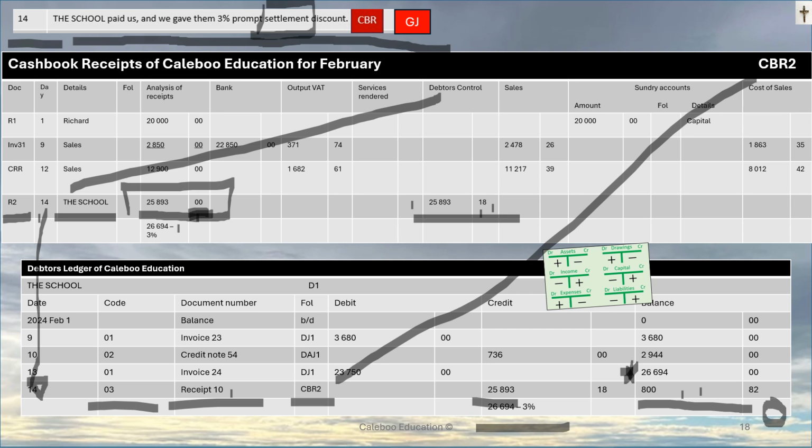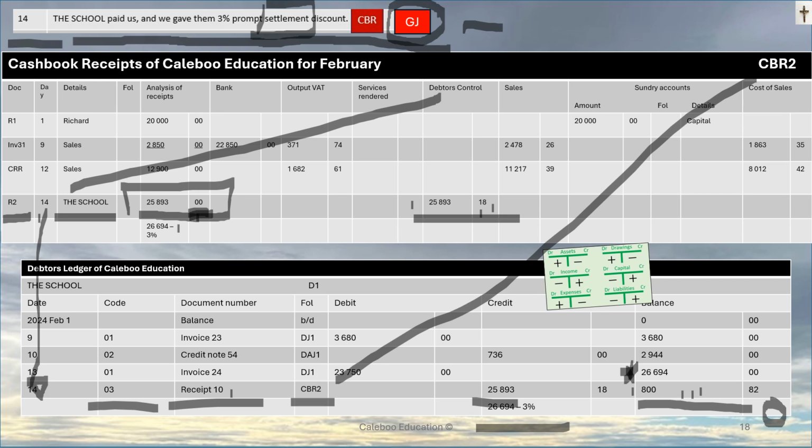But the discount, which is 882, the balancing figure at this stage still needs to be accounted for. That's why there's another journal that is required to record the settlement discount, and that is the general journal. So the 882 outstanding according to the books in the account of the school still needs to be accounted for.